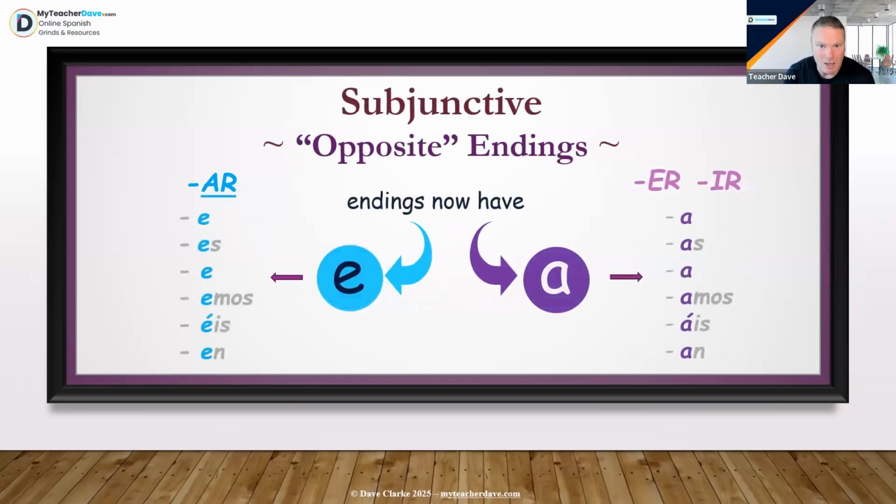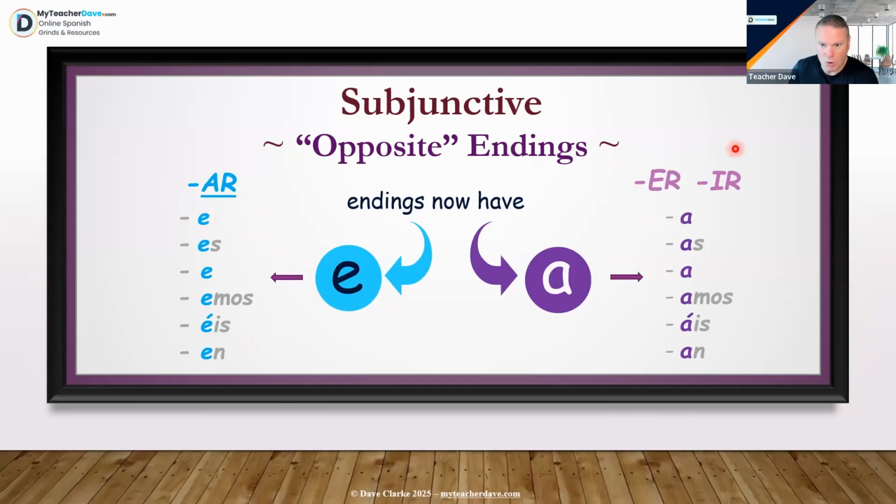So what you're looking at now are the two full sets of endings in the subjunctive present tense. For AR verbs, we now have e, es, e, emos, éis, en.